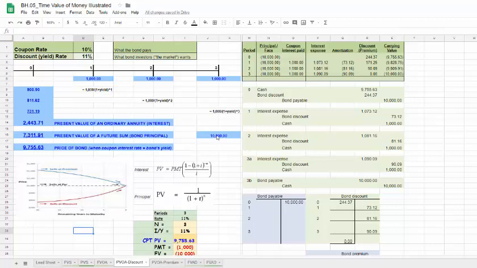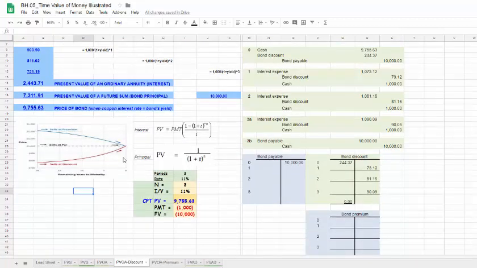And then finally, we would need to discount the principal of the bond. 10,000 divided by 1.11 cubed would result in $7,311.91 as the present value of this future $10,000 payment. Adding the principal's present value to the present value of the interest gives you $9,755.63 as the price that you would pay for this bond if you wanted it to yield 11%.